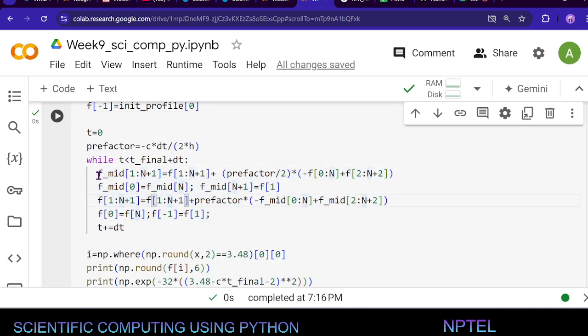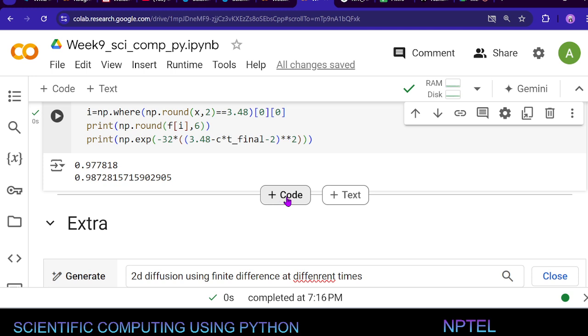And while doing that, first we write the middle part of f because the first and last points are the ghost points. Do it usually. Then remember that there is a boundary condition and do the same thing again because it's RK2. So first you multiply by prefactor by 2 to get this middle function and then use it to update your f. Okay.